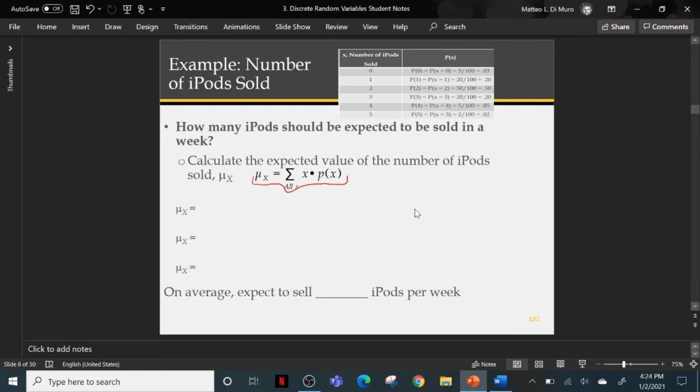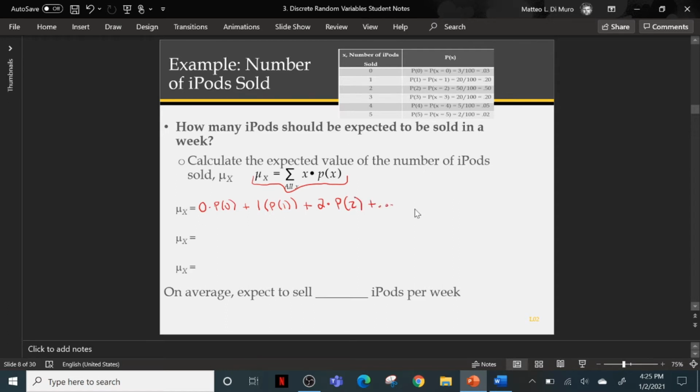So let's calculate that expected value for the number of iPods sold. This formula says I'm going to do the sum of every x times its associated probability. Looking at my table, I'm going to start with the first one, which is 0. So I'm going to go 0 times p of 0 plus, because it says the sum, and then I'm going to go 1 times probability of 1 plus 2 times probability of 2, and so on and so forth.